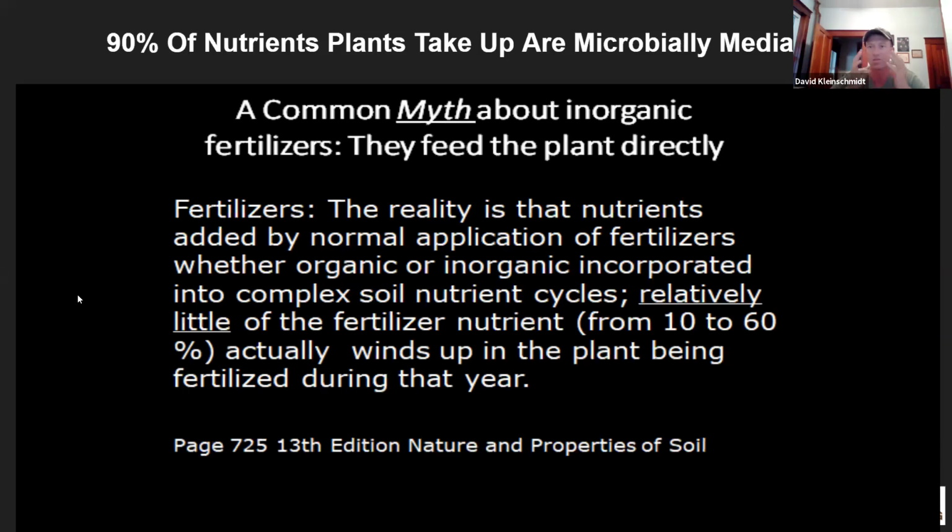So where's the rest of it going? Well, depending on our erosion or rainfall and everything else, it could end up in the Gulf of Mexico, or it could just be locked up in organic forms in that soil. And by having these cover crops of diverse mixes and having these different microbes in there, we can start to release and cycle these.